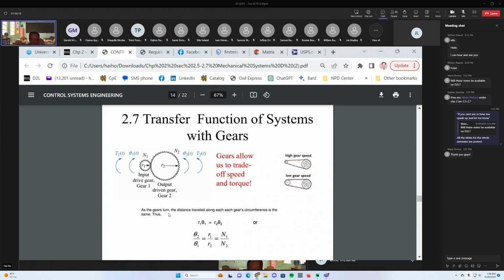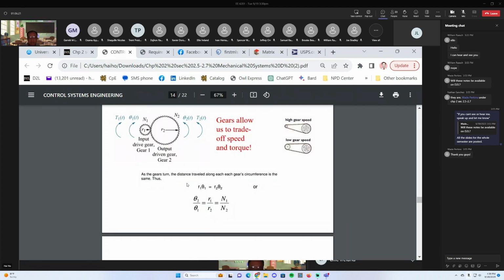Okay, so let's look at some basic equation relationships between displacement and gear ratio. The first equation is the travel distance. When these gears turn, the distance traveled along the circumference should be the same.